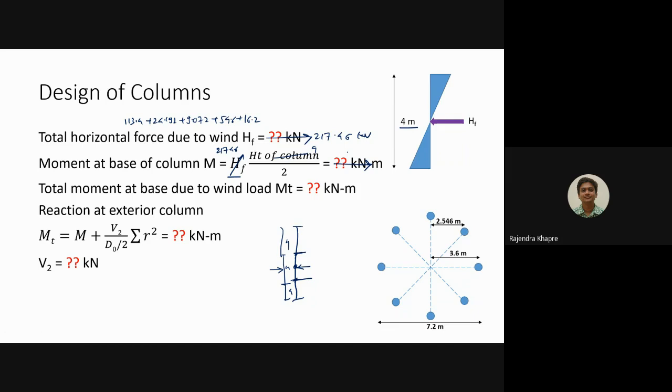It is exactly double of 217.46, so something like 434.93 kilonewton meter.